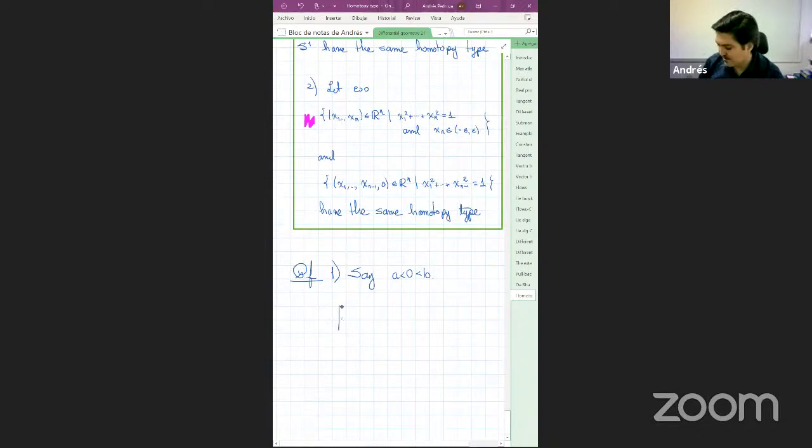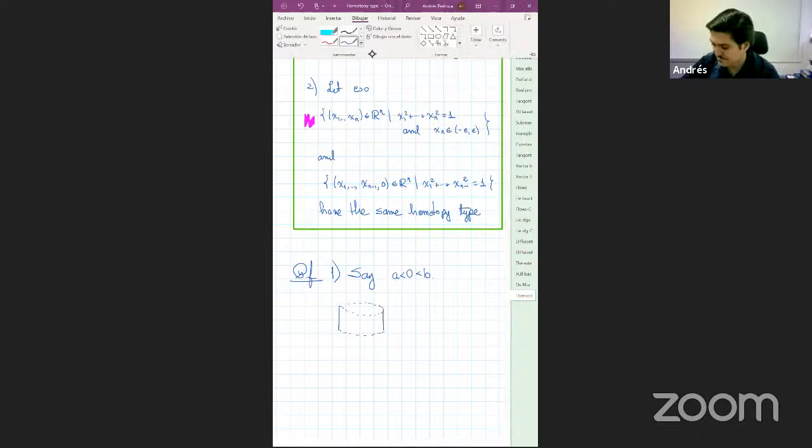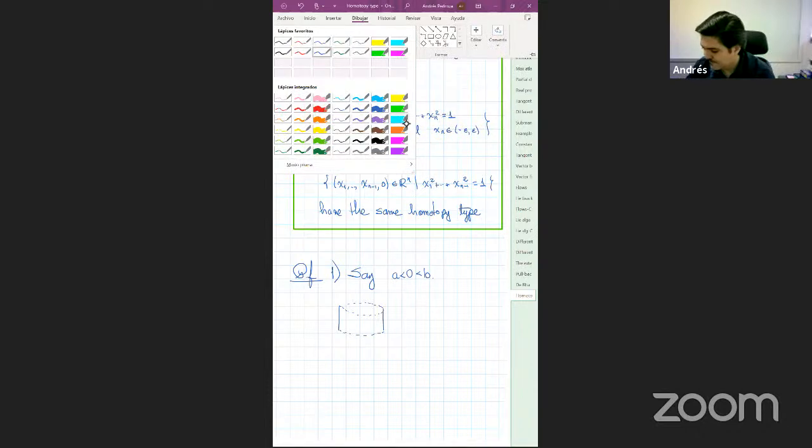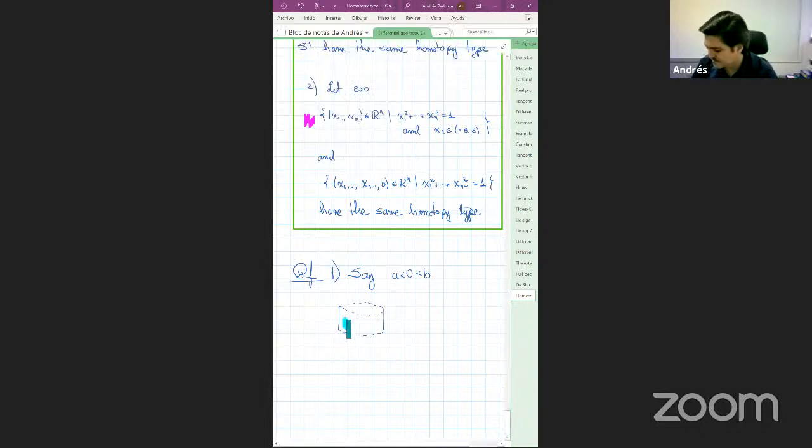In geometric terms, oh, sorry, it is the open cylinder, right? This is the cylinder.